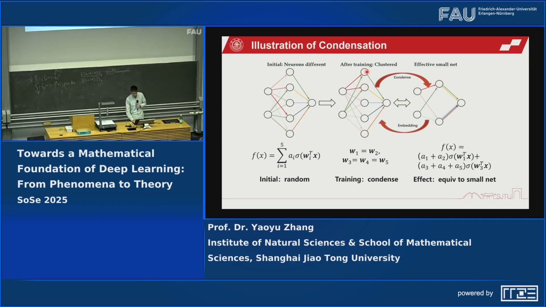Whenever the neurons' input weights become similar, the neural network is effectively a smaller network, where you can combine neurons with similar weights into one neuron. So in a condensed state, the large neural network is effectively a much smaller network. That is the general illustration of the condensation.